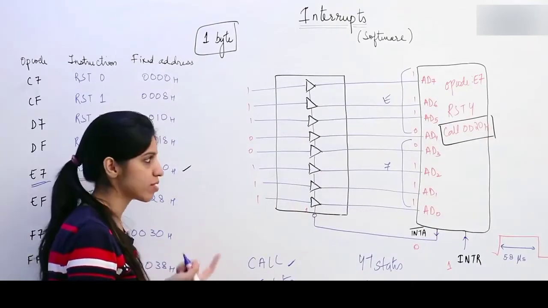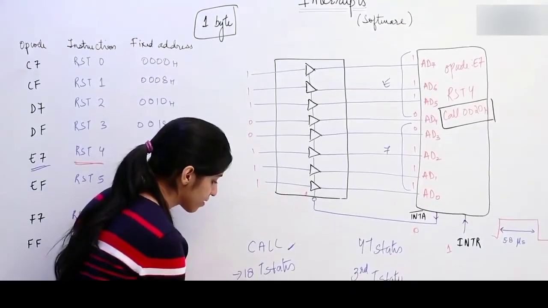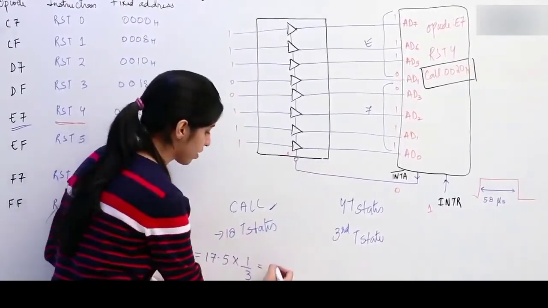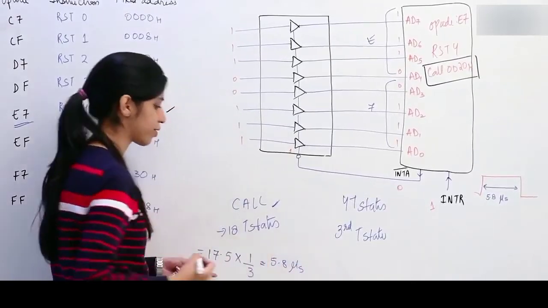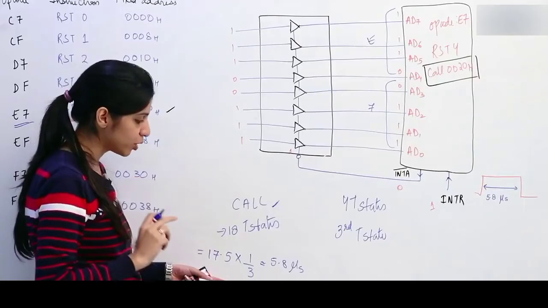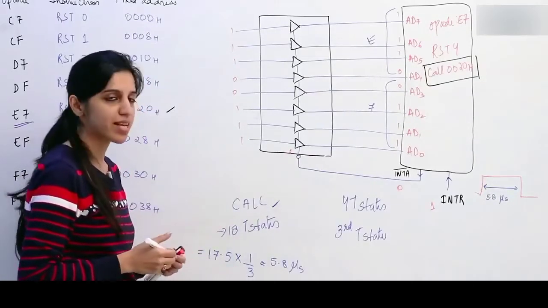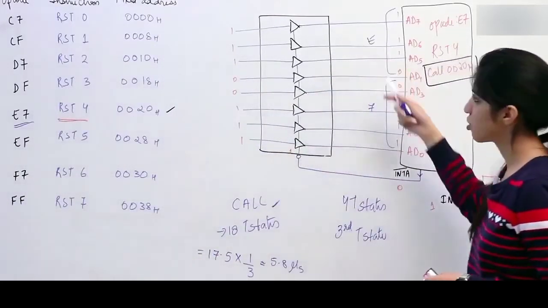Also you know the frequency of the microprocessor is 3 megahertz. So 17.5 into 1 by 3, which is approximately 5.8 microseconds. Therefore, whenever INTR is given, it should be of minimum duration of 5.8 microseconds, so that whenever the microprocessor checks for INTR, it should be present, and this is how it is going to obtain its opcode.